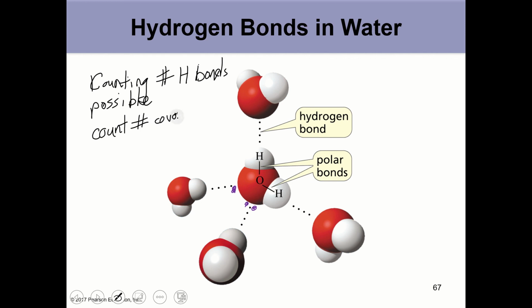So if you count the number of covalent bonds from O, N, or F to H, each of those bonds is going to make 1 hydrogen bond to another molecule.